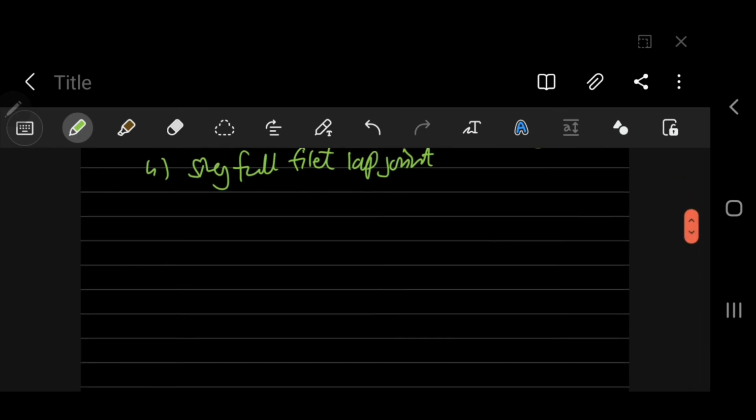Then we will see the categories of pressure vessel.